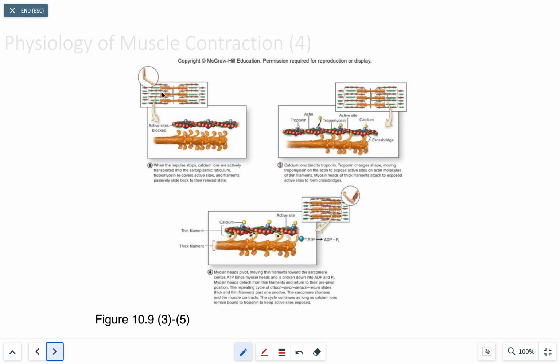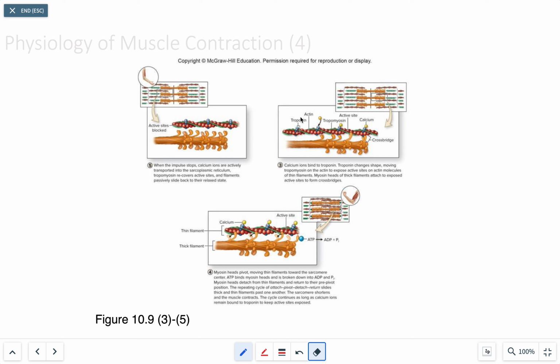So once the calcium is released into the sarcoplasm, at the myofilament site, what we're going to see first is that the troponin, which is this blue, which is where the calcium is going to bind, these troponin are keeping the activation sites for the myosin heads inactive. So we would consider this slide to be at rest.